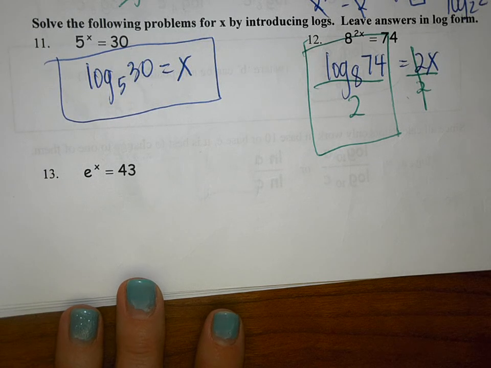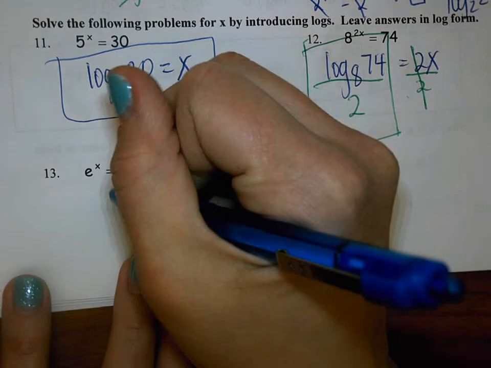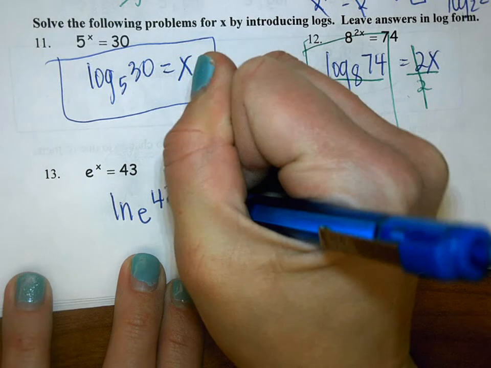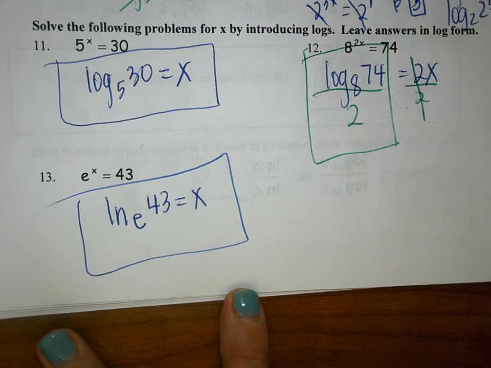No. What am I changing it to? Natural log, because we have base e, and base e needs natural log. So natural log, base e, of 43 equals x. And that is your answer. Do we have any questions?